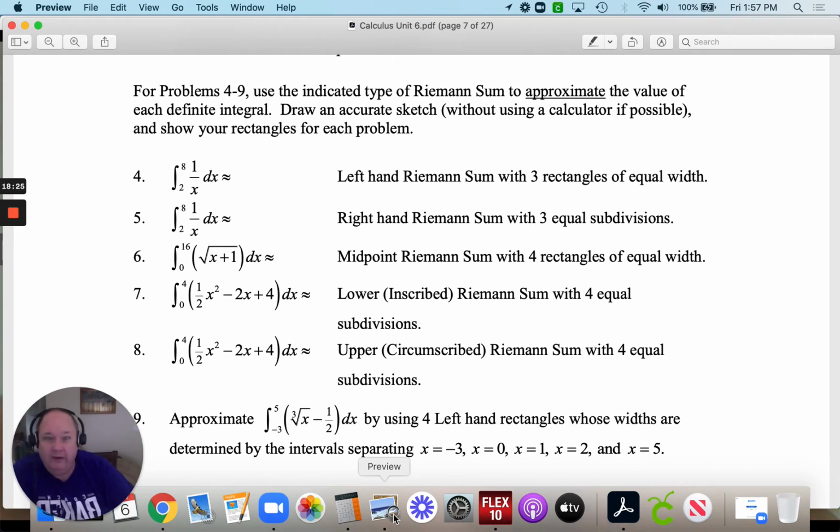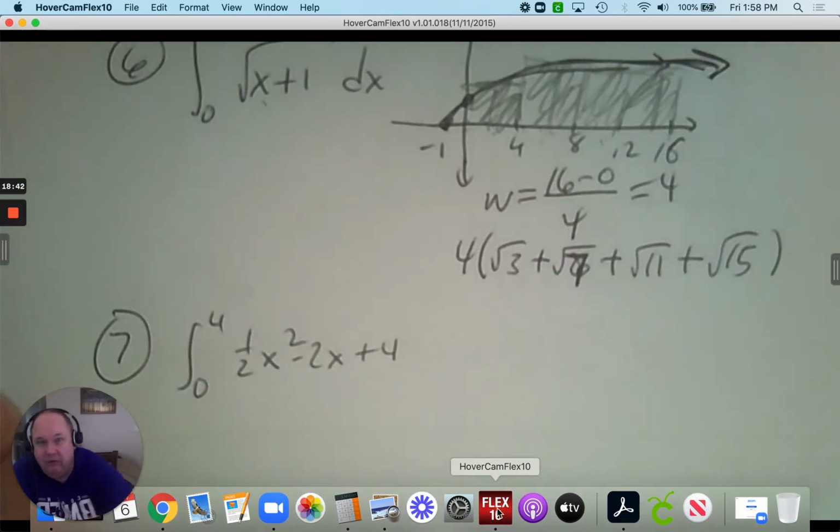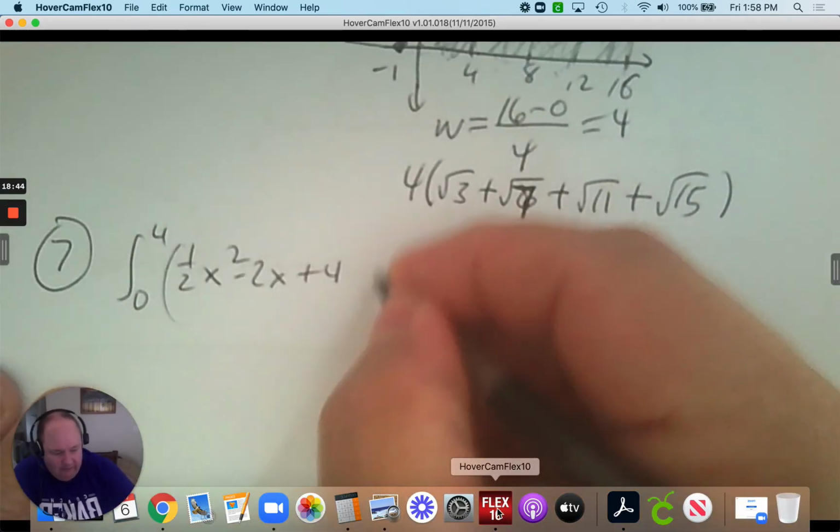This one's called a lower and then an upper. So when you do a lower Riemann sum, you're taking whatever the lowest height is. When you do an upper one, you're doing whatever the highest height is. I'll show you. First of all, how would you graph this?